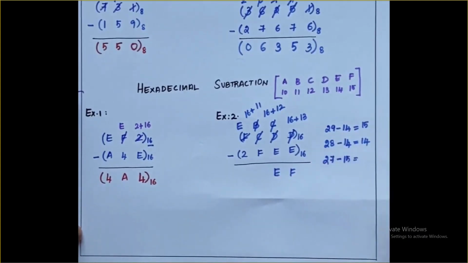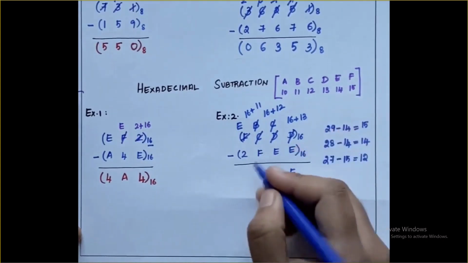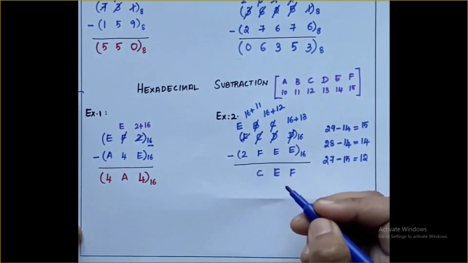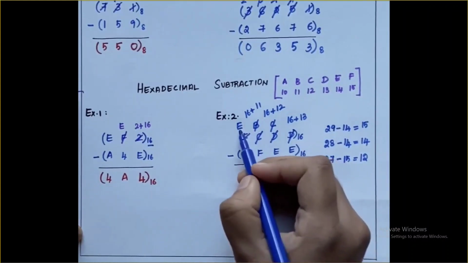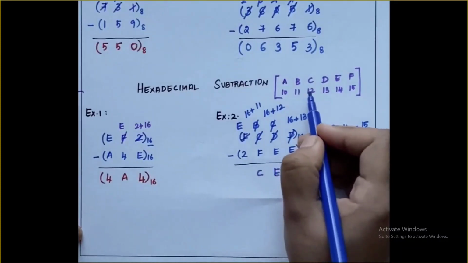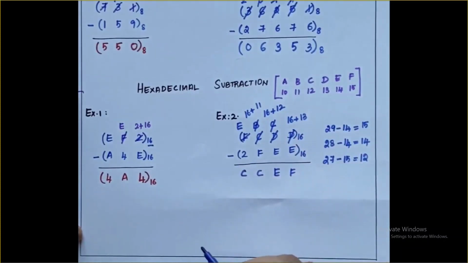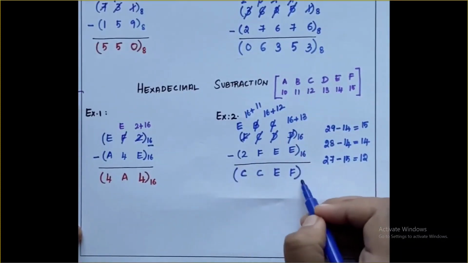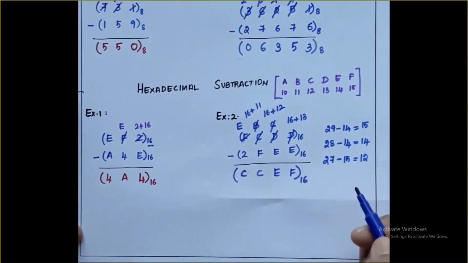So 27 minus 15 will be 12. 12 is represented as C. So we get C. Next E value is 14. 14 minus 2 will be 12. 12 is represented as C. So CCEF will be the equivalent answer after performing subtraction.